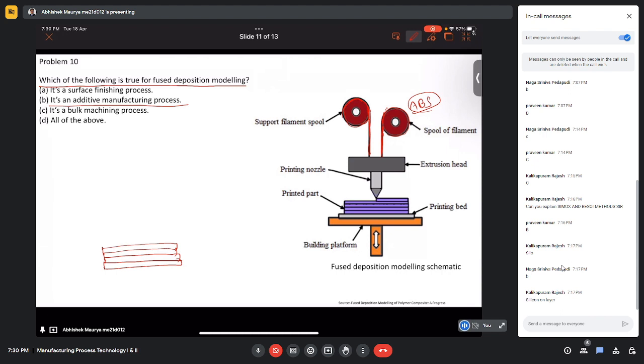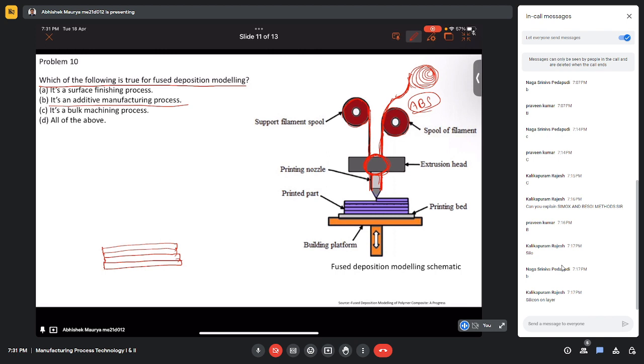So in the spool, ABS wires are stored, and these wires are fed into the nozzle of the 3D printing machine, where two things are happening. One is this wire is being pulled. Also, some heat is being supplied.